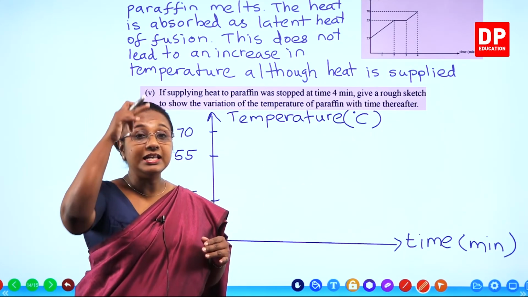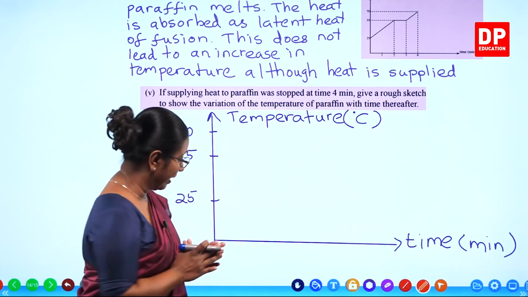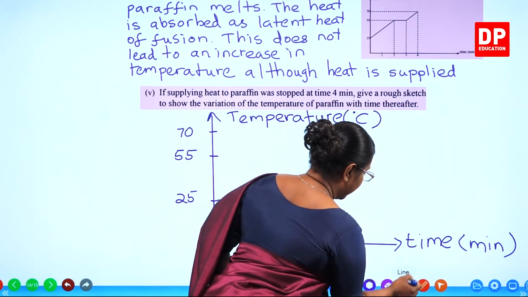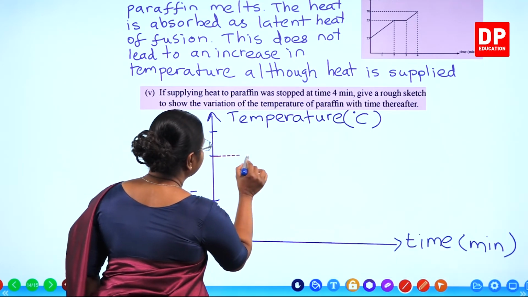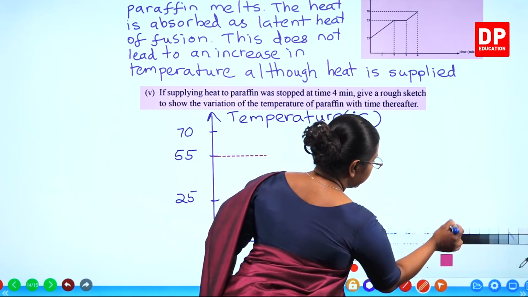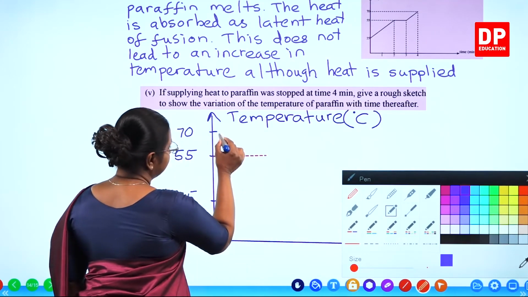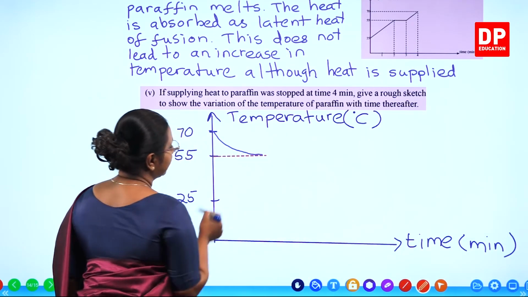So there it is a curve. So we will get a similar curve here as well. But the temperature change has to be up to 55 degrees Celsius. So starting from 70 degrees Celsius, the wax will cool down in a gradual process like that.